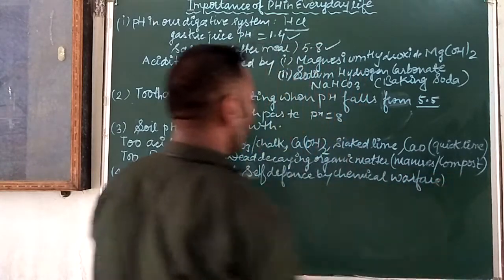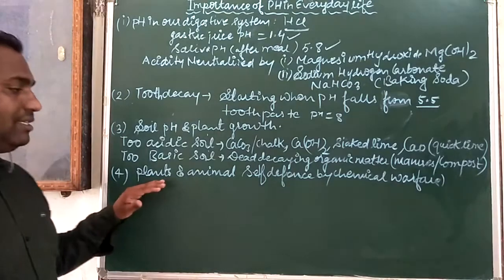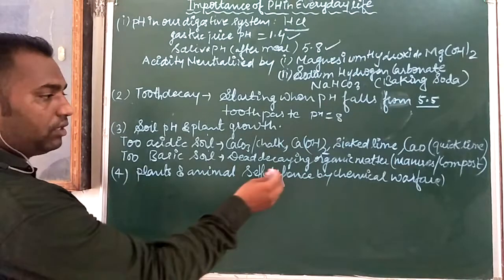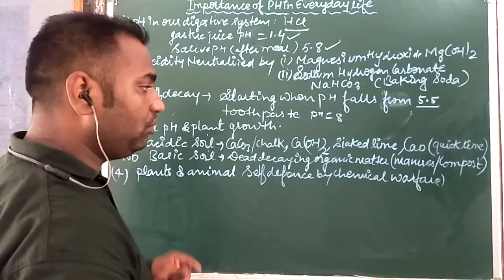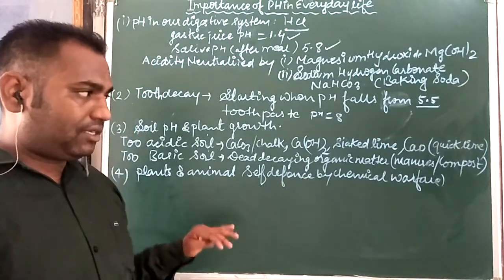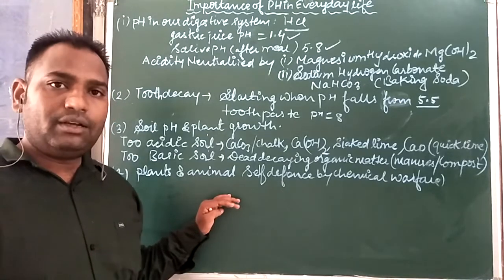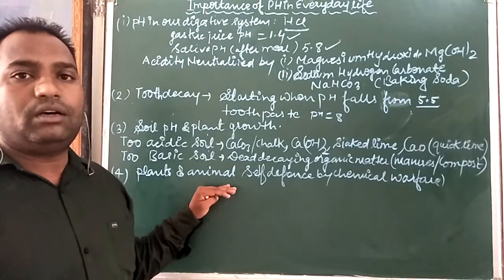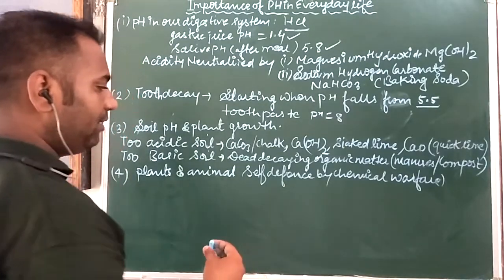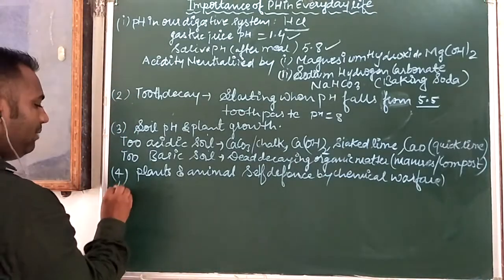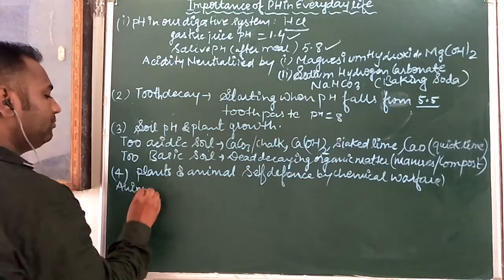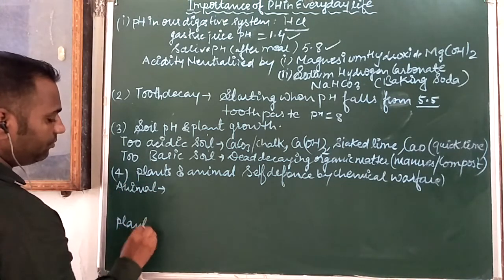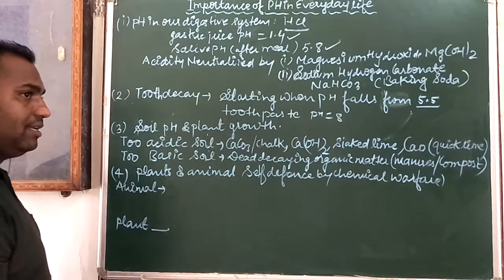Chemical warfare means plants and animals sometimes show it. It means how they protect themselves through liquids or any stinging things. So we can see it from animals, and from plants also.